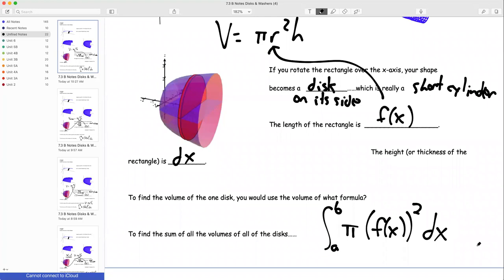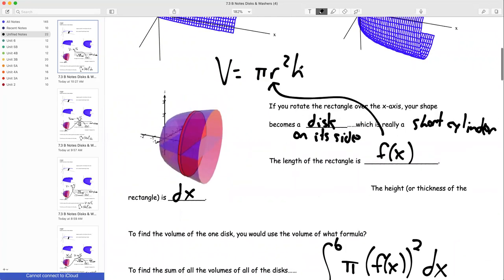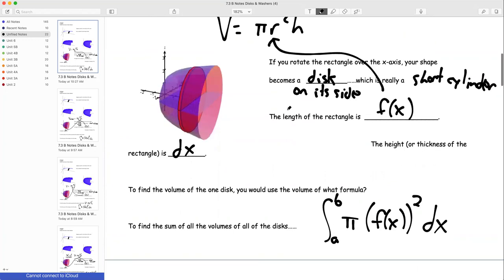Okay, I put the h right here because this is the formula for the volume of one cylinder. Oh, that's just like the general formula. Yes, that's the general formula. Okay, so this is the formula that you will use to find the volume of disk.